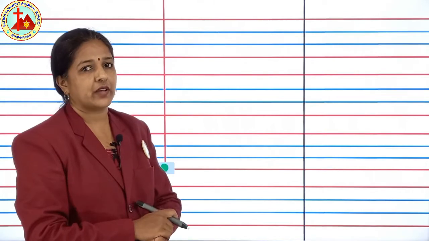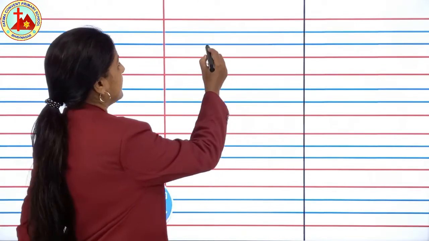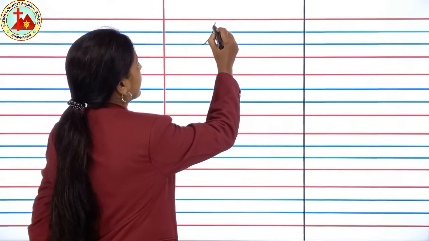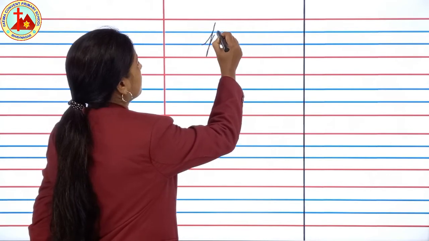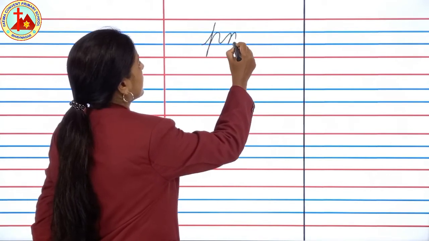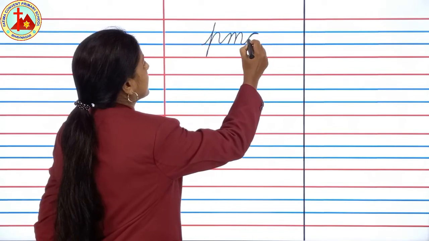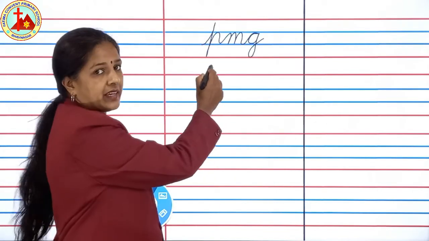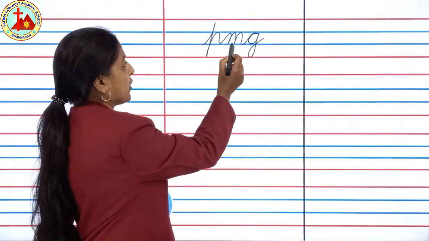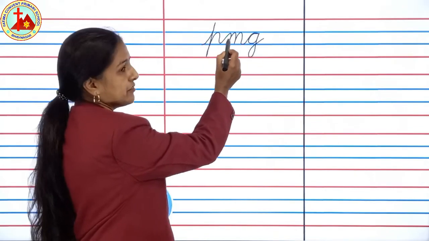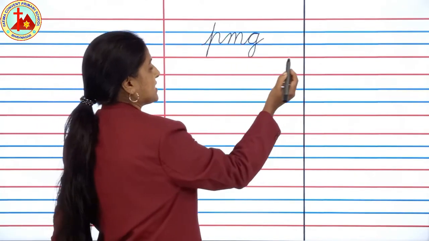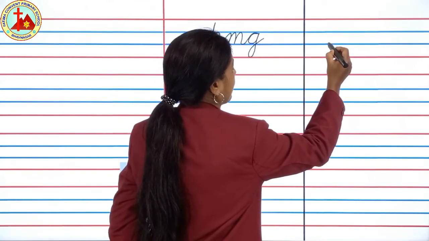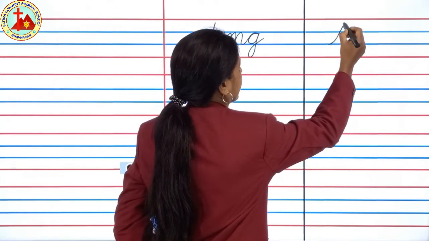Today we'll also learn joining of three letters, and the three letters are P, M and G. Without lifting your hand, you have to write P, M, G. You have to join M to P and G with M. Be careful, children, without lifting your pencil and hand, you have to write joining letters.